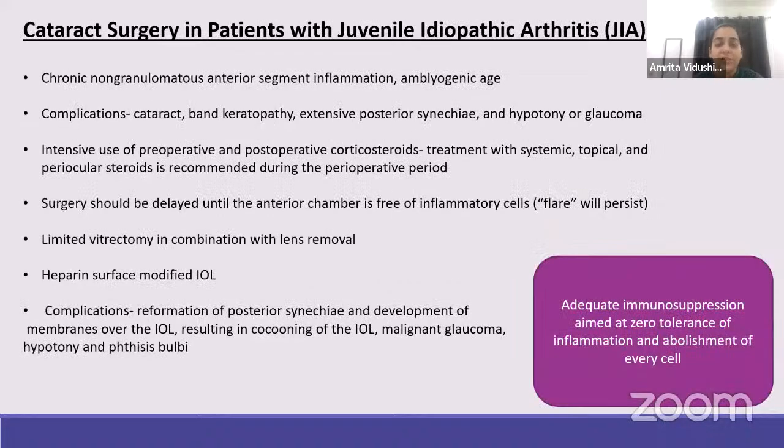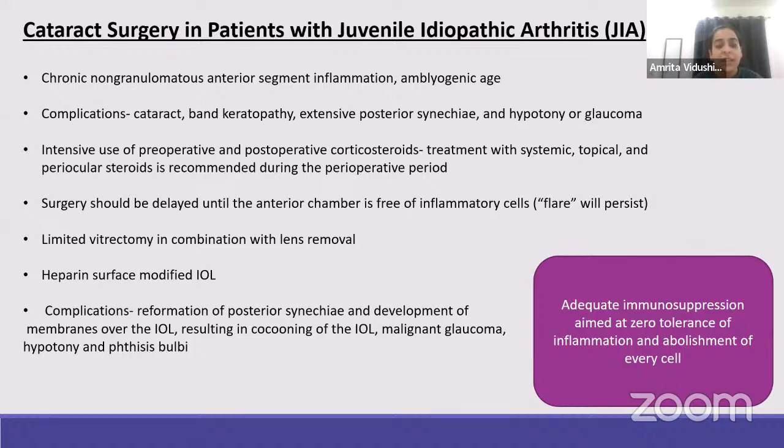Now, cataract surgery in patients with juvenile idiopathic iridocyclitis. In this, the patients present with a chronic non-granulomatous anterior segment inflammation, and mostly these kids that come to us are in the amblyogenic age. So we can't really wait too much for these patients because of the possibility of amblyopia.